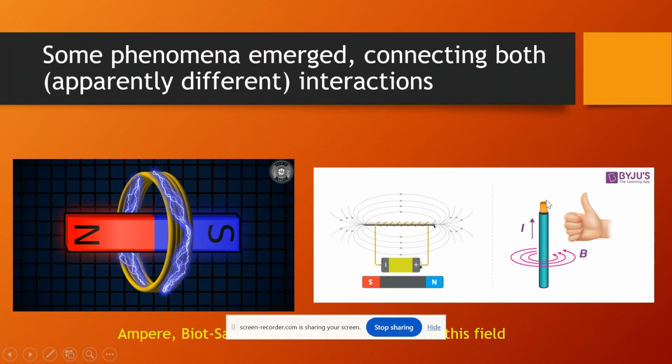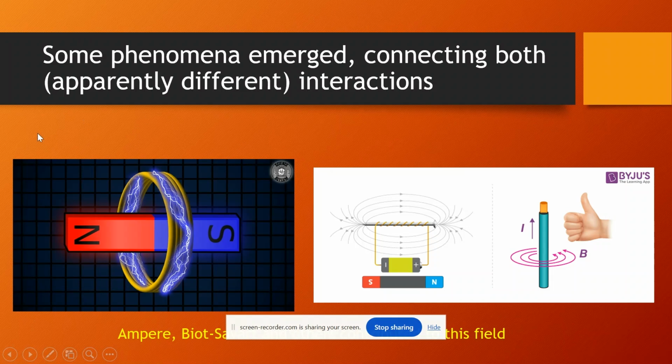The other phenomenon is when a current flows, a magnetic field is generated, which rotates around the wire. This example also illustrates the same principle, where changes in magnetic field can generate currents along the wires.